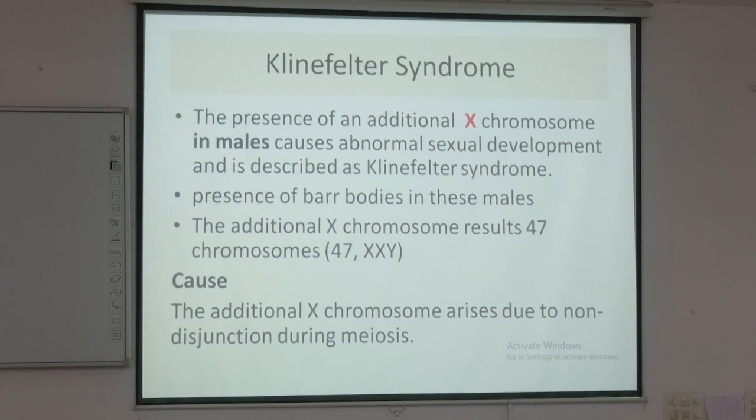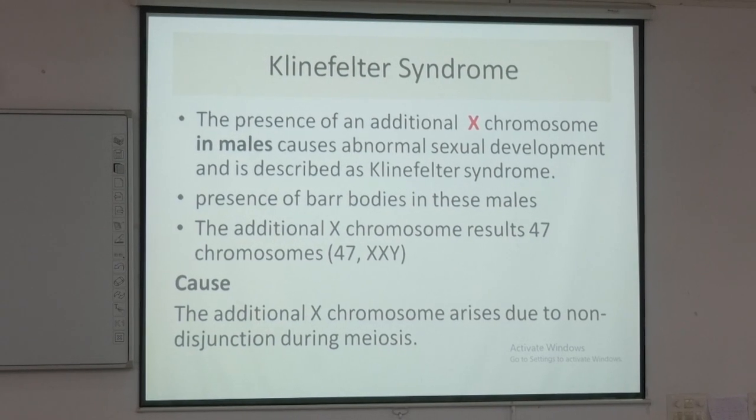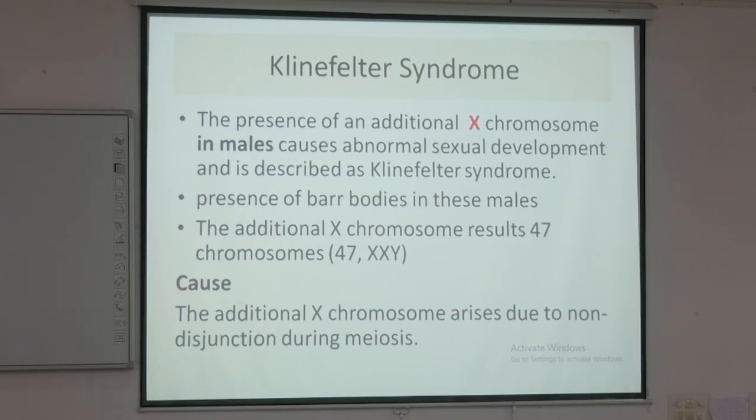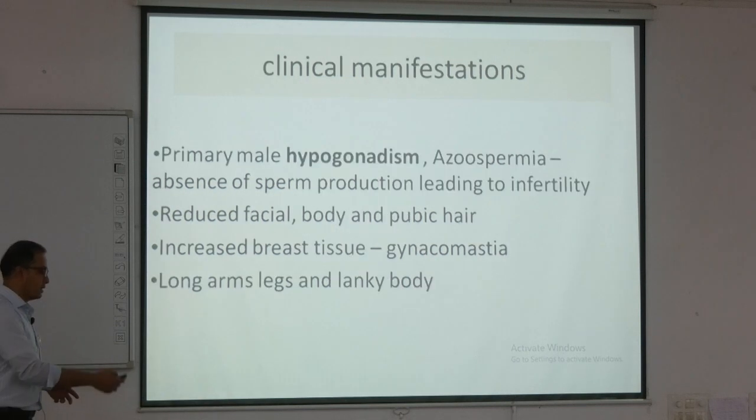This individual has particular characteristics. The male sexual genitalia are poorly developed. We call it hypogonadism. The testicles are really small, and having small testicles, they do not produce enough sperm. We call it azoospermia, which leads to infertility.